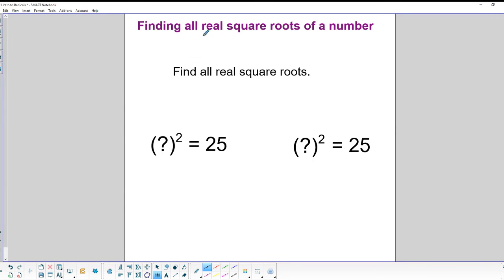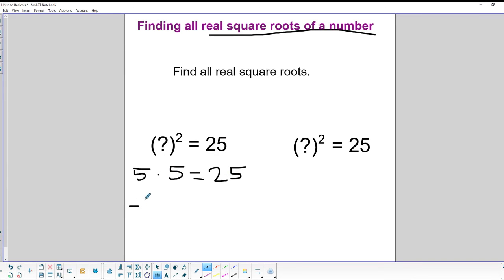So another thing we need to understand is all real square roots of a number may not be positive. For example, on 25, I know that 5 times 5 does in fact equal 25. But can you think of 2 other numbers that are like 5 and 5 that also when you multiply together you get 25?